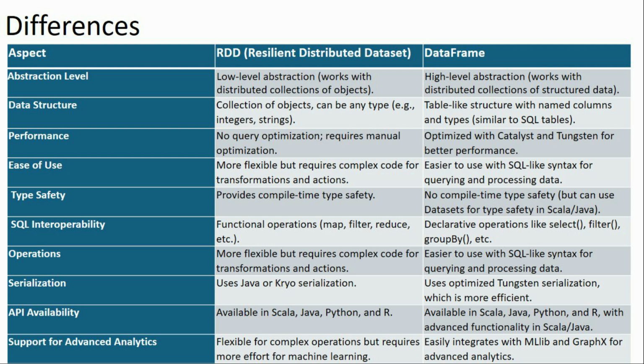Additionally, data frames leverage Tungsten, Spark's execution engine, which provides further memory optimizations and better execution efficiency. So, if you're looking for better performance, DataFrames are the clear winner due to their ability to optimize queries automatically.